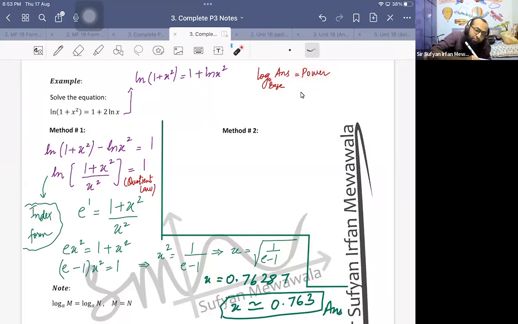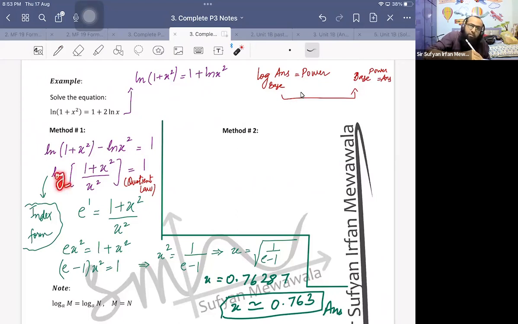Now, if we are converting from log form to index form, what will we do? We'll write the base. At the top of it, we write the power and we equate it to the answer. So we are going to write like this: base, power, and after equals to, answer. So this is the conversion from log form to index form. Now check it out. Here, ln means log to the base of what?